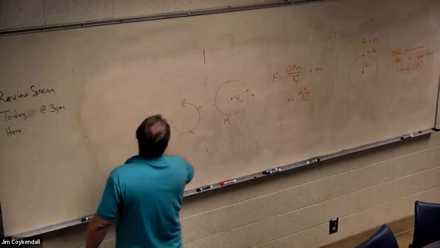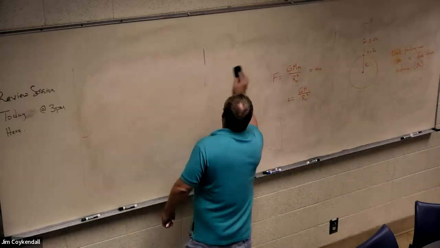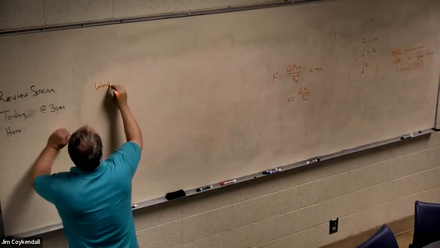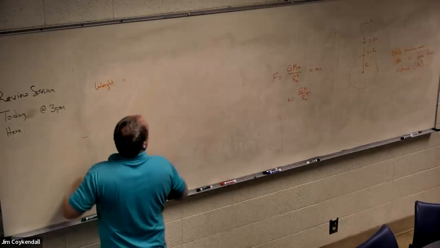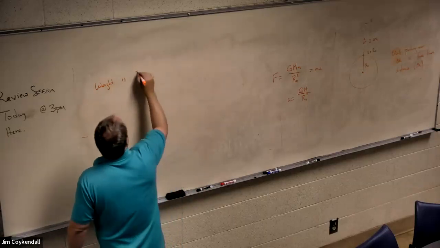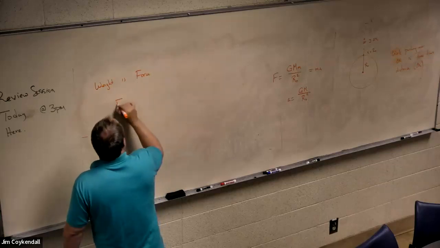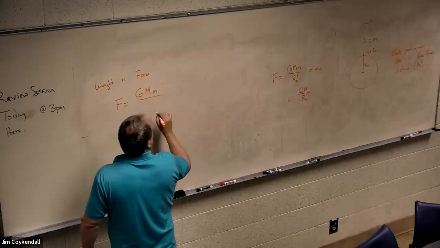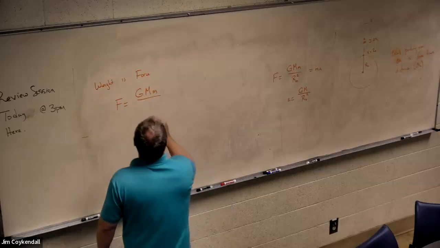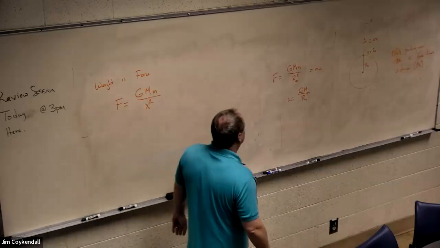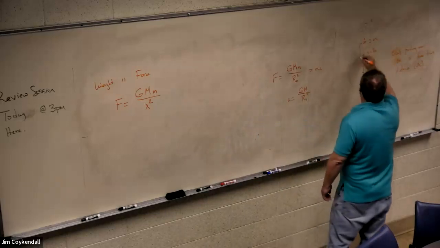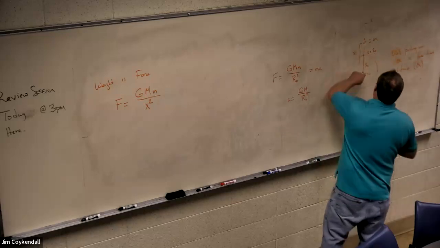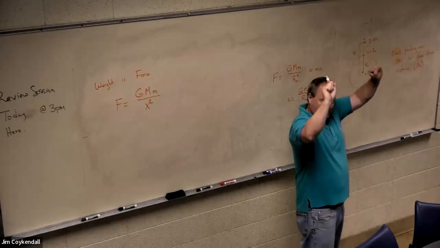Now, how much do you weigh? Your weight is force, and your force here is GMm over x squared, because x, where this is x0, is your distance from the center of the Earth to wherever it is that I'm trying to lift you.